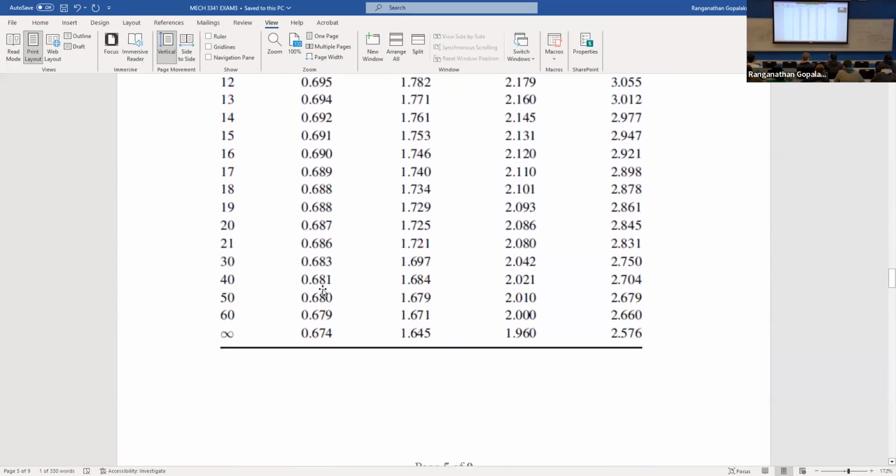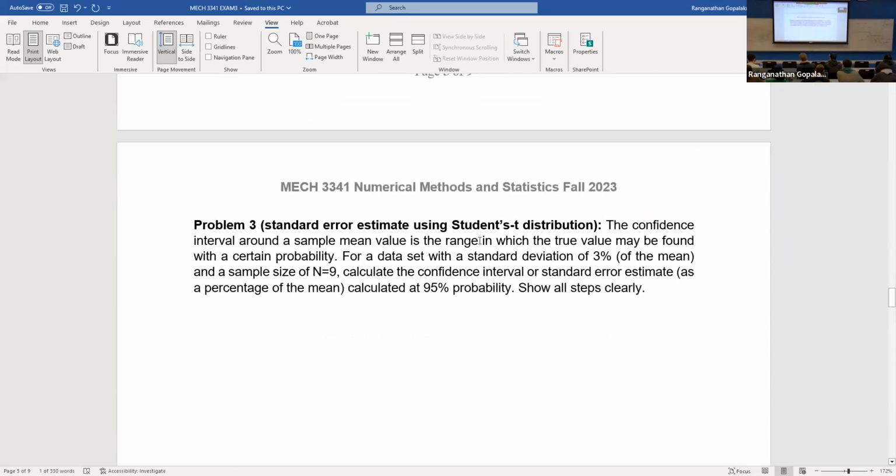So the table is provided to you, and the problem reads: the confidence interval around a sample mean value is the range in which the true value may be found with a certain probability. That is basically the definition of the confidence interval. For a data set with a standard deviation of 3% of the mean and a sample size of 9, calculate the confidence interval or standard error estimate as a percentage of the mean at 95% probability.